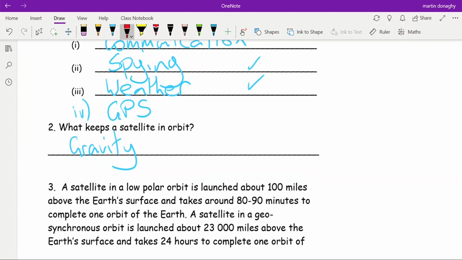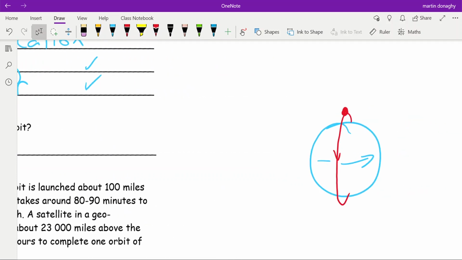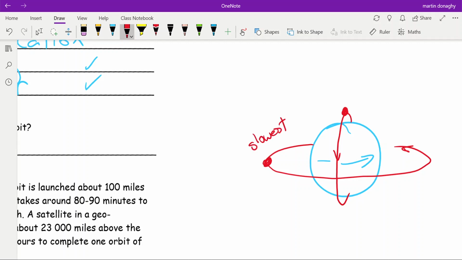However, the further a satellite gets away from planet Earth, so if we do one a little bit further away, orbiting around the equator, this satellite has further to go, and it also needs to be slower because gravity is weaker where it is. So this might take about 90 minutes. Move this out here, might take about 2 hours.